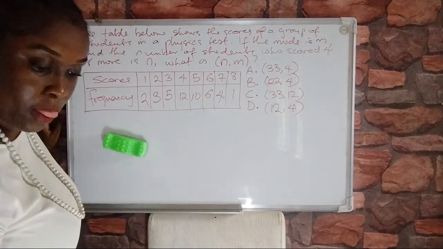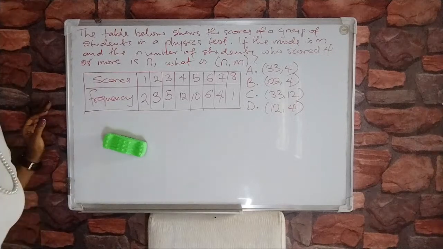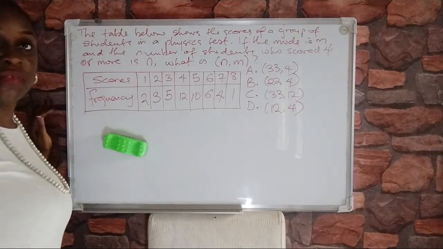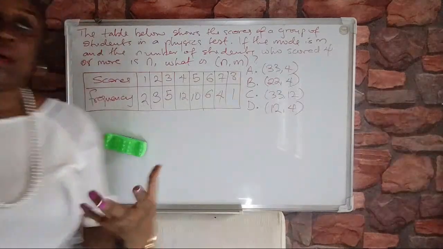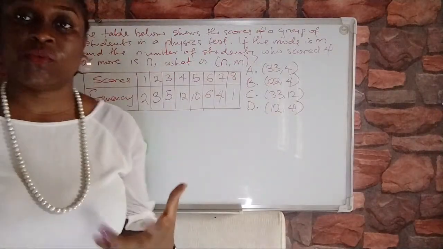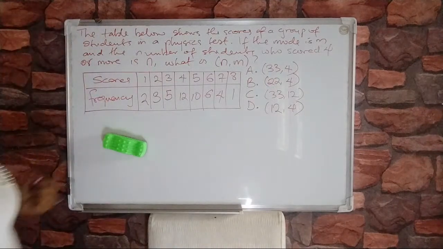So, mode is actually the highest number or the pattern of the numbers. How many times an occurrence occurs, that's the mode, okay?